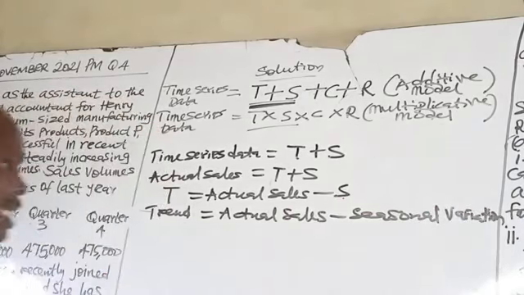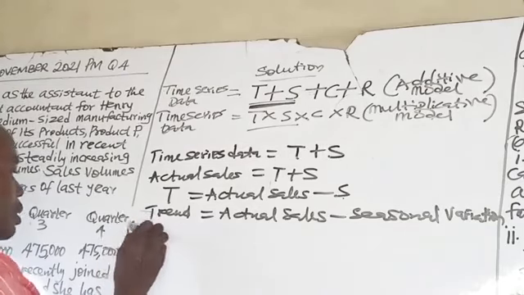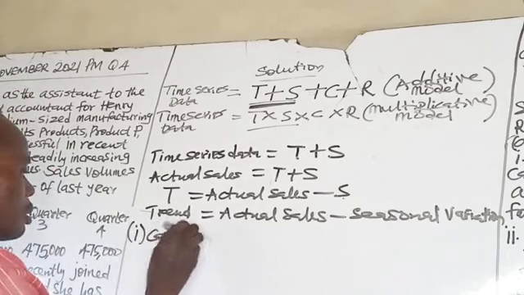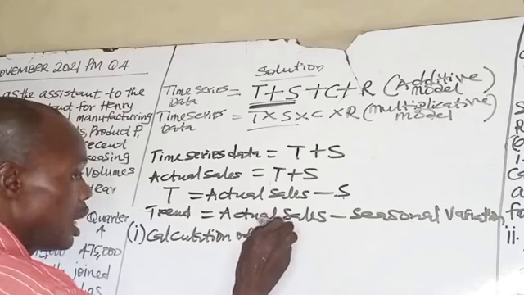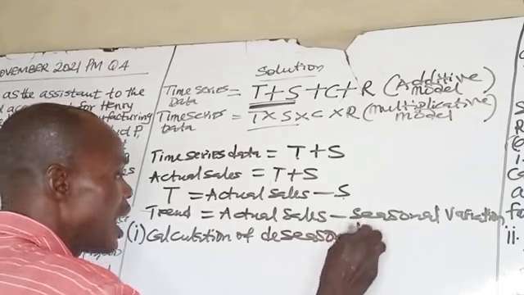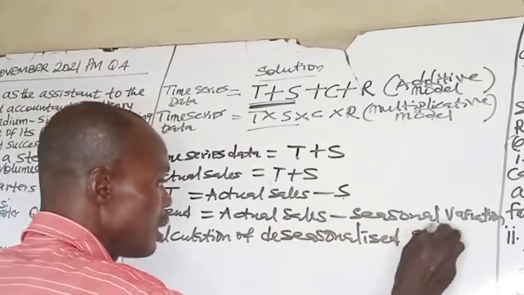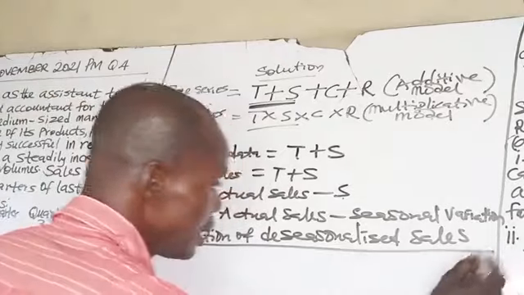Remember, we have 4 quarters. Now, estimation from figure 1, calculation of deseasonalized sales, or seasonally adjusted sales data.